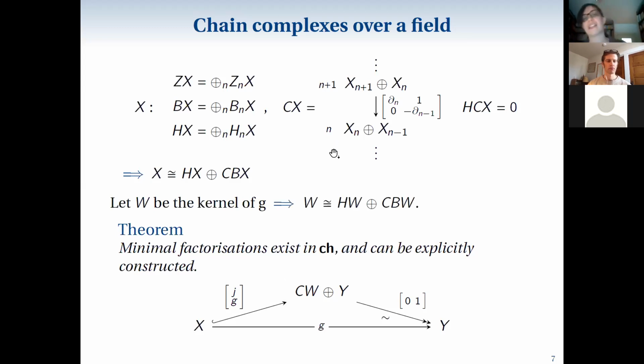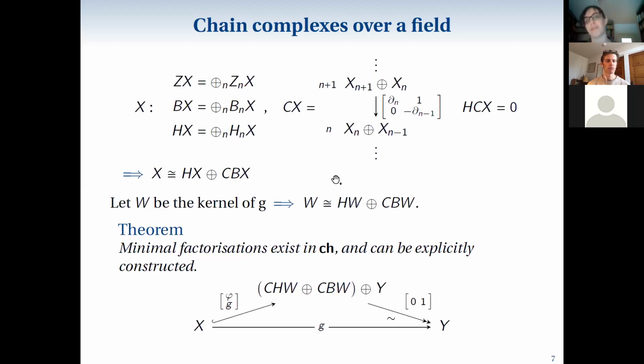And the reason is that if you look at the decomposition that I just showed you, we know that since the kernel is in particular a chain complex, it is the direct sum of something which already has trivial homology plus something that does not have it, okay? So maybe taking the cone of all of it was too much. But if we make sure that just this part has trivial homology, then it is enough. And it turned out to be.